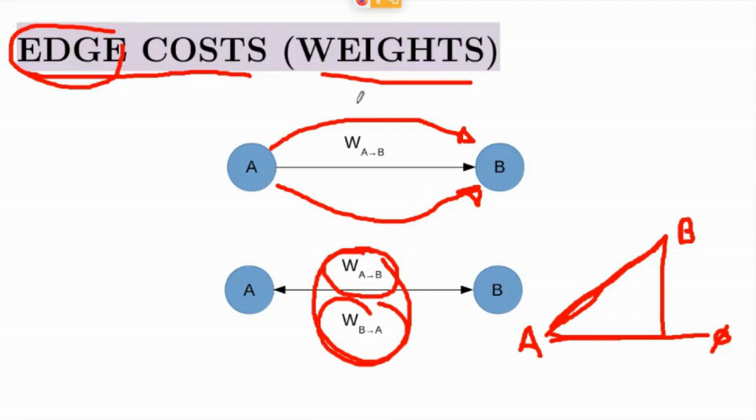So these weights are not strictly the distance, but they can be the distance weighted by something else, or directly something else that puts into numbers how much it costs to go from one node to the neighbors.